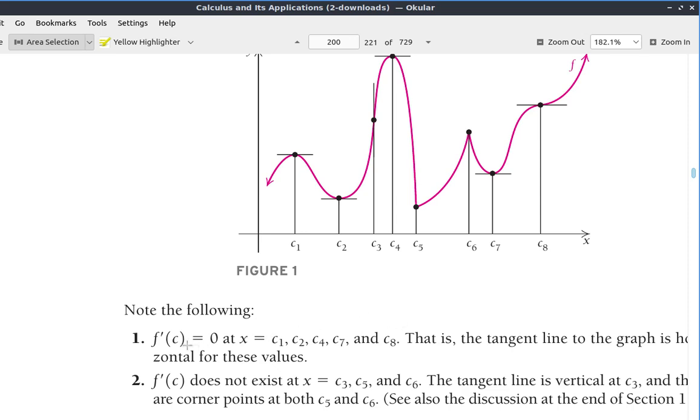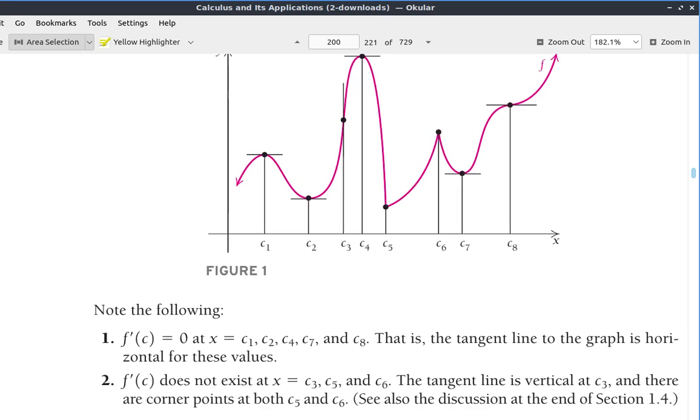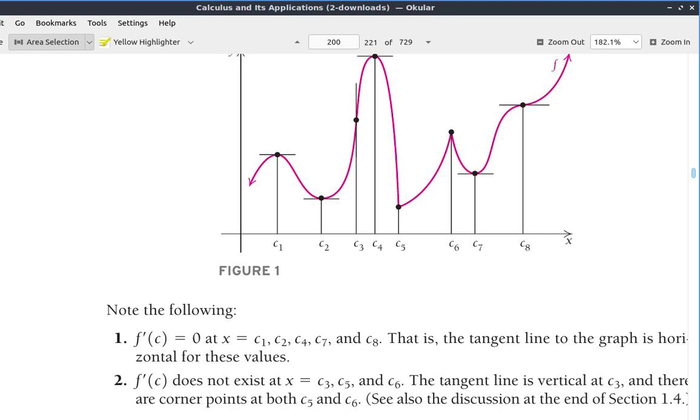As it says here, f prime of x equals f prime of c equals 0 at c1, c2, c4, c7, and c8. That is, the tangent line to the graph is horizontal for these values. Alright?